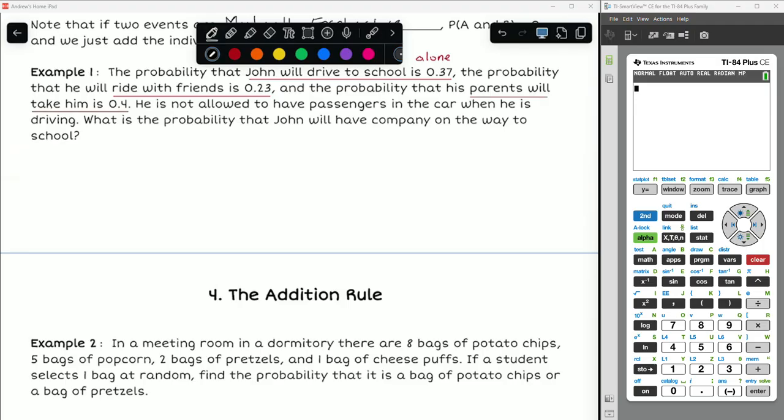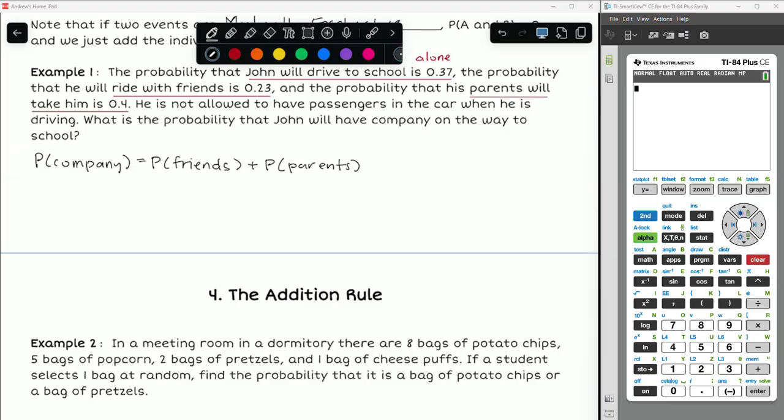So when I go to do P(company), I'm looking at P(friends) or P(parents). I don't have to worry about his driving to school because we're told that he can't drive with other people in the car.